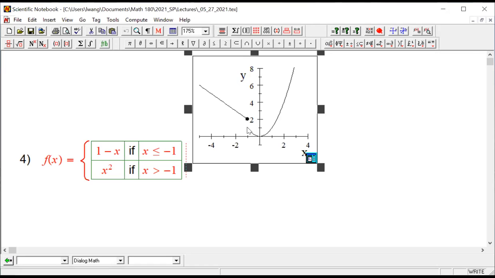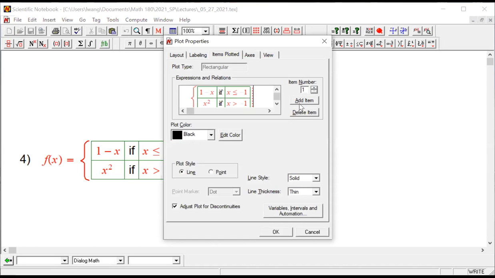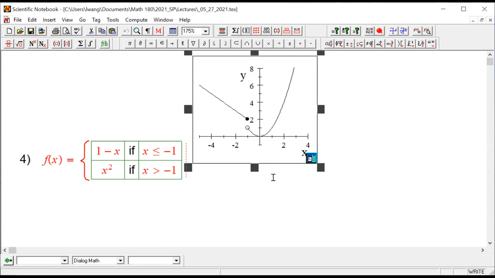But how about this piece? Right here, you have to put a circle. This will be considered a complete picture.